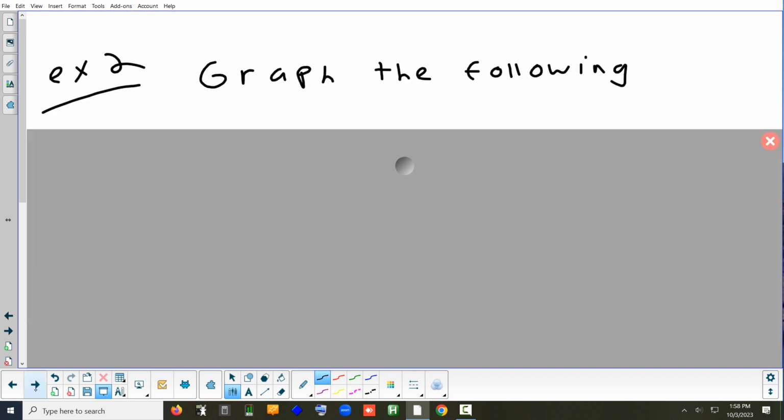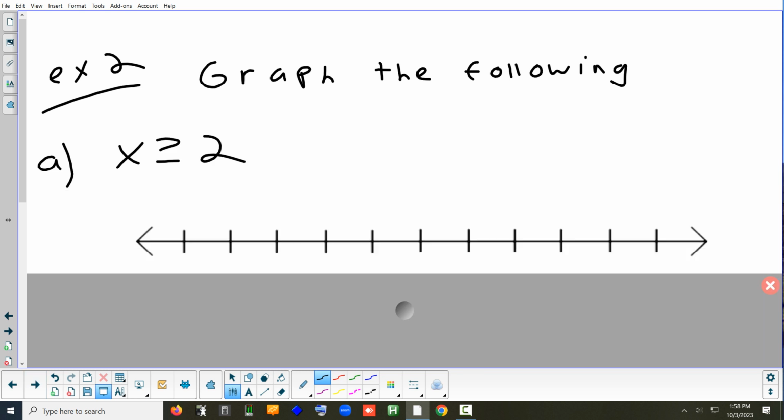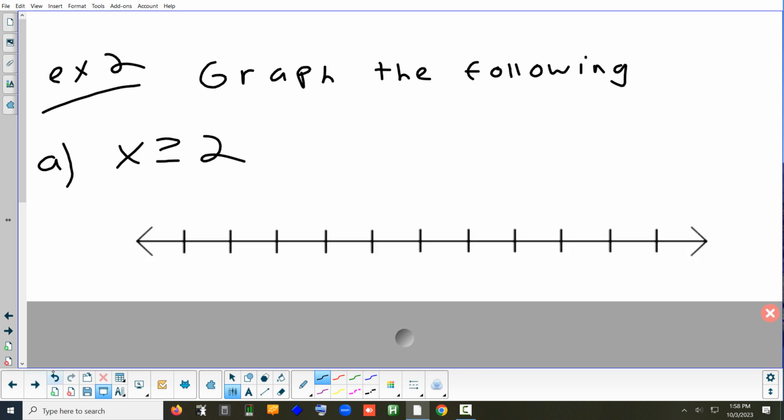Okay. Now, let's try taking an inequality and doing a graph. When you want to change an inequality to a graph, first thing we have to decide is what kind of circle we would put on the 2. Yep, closed circle.